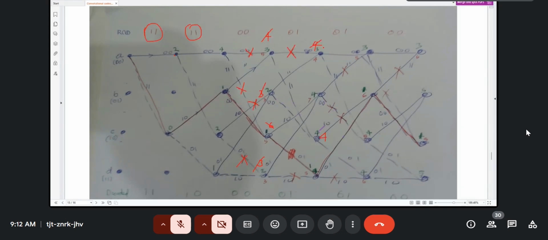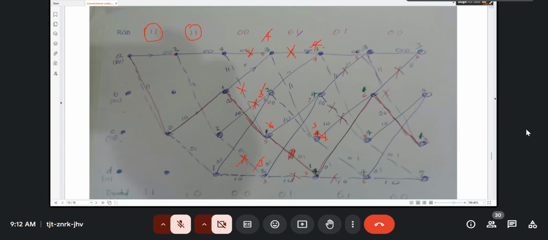Actually, this should be 3. Yeah, the correct answer should be 3, because we have seen this was 4, but now we have seen that there's a better path, a 3. So let's remove the 4, we put 3, because this is 2 plus 1, which is 3. Then we come here, this is 1.